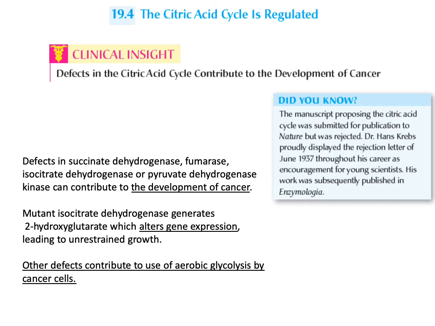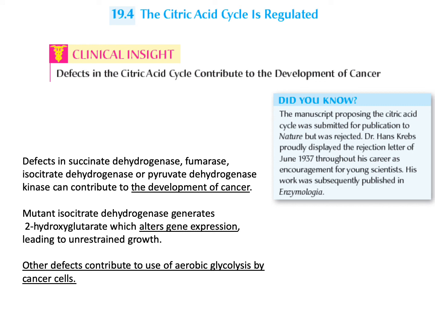This is a clinical insight. Defects in the citric acid cycle contribute to the development of cancer. Defects in succinate dehydrogenase, fumarase, isocitrate dehydrogenase, or pyruvate dehydrogenase kinase can contribute to the development of cancer.